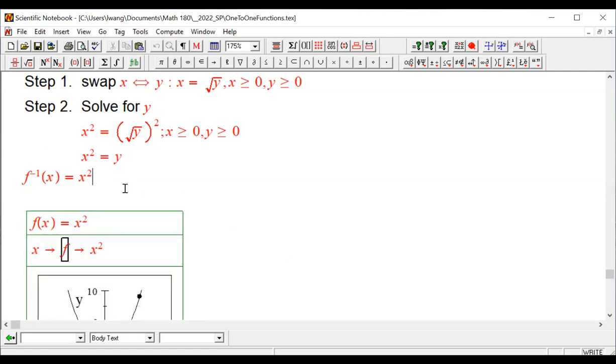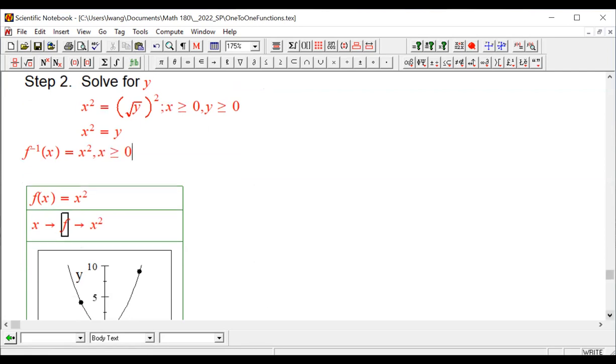The answer is no, they're not the same. This x squared is under the restriction that x must be greater than or equal to 0. So if you graph this function, it's only half of it, only one piece of it.